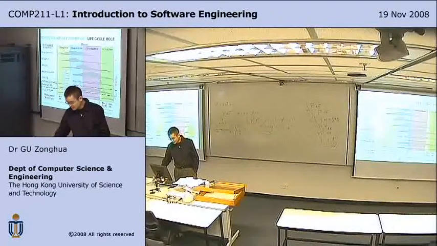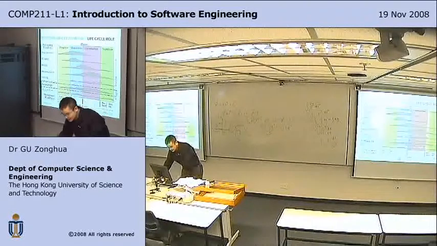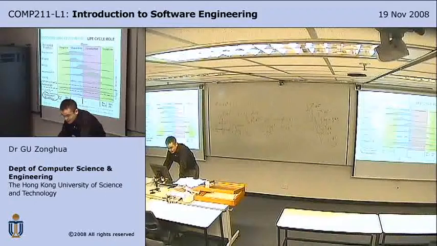Now QA, as we see here, is really part of the management workflow, while all the others we discussed before, requirements down to testing, are part of the engineering workflow. So it happens from the very beginning to the very end, with a little more focus in the construction phase.